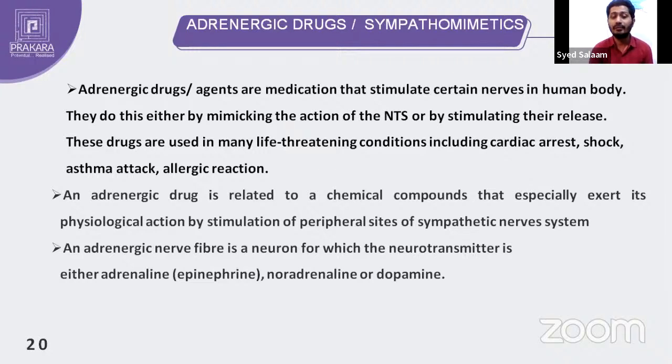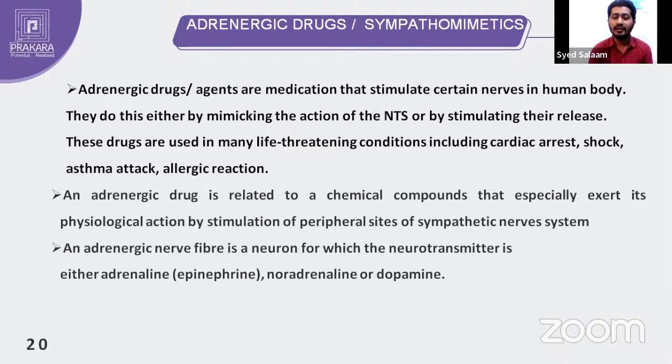In beta, we'll be having beta 1, beta 2, beta 3. So these receptors will get activated, and we have seen by the SAR which modification will be affecting which type of receptors. So based on that, we will be selecting our various sympathomimetics. These are the drugs that will mimic the action of the sympathetic neurotransmitters.